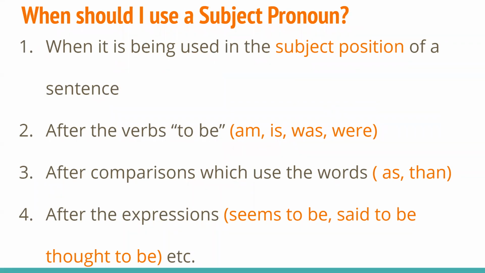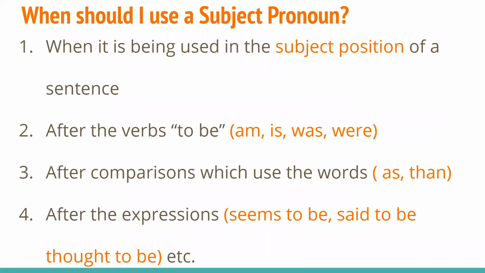Now let's see when we should actually use subject pronouns. The first guide says when it is being used in the subject position of a sentence. The second, after the verbs to be, specifically am, is, was, or were.